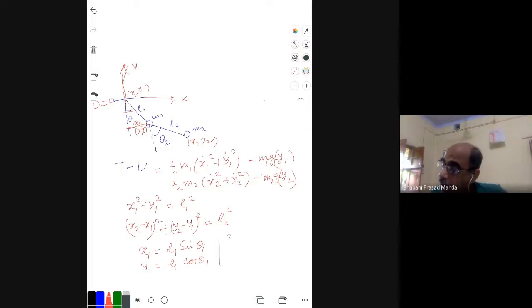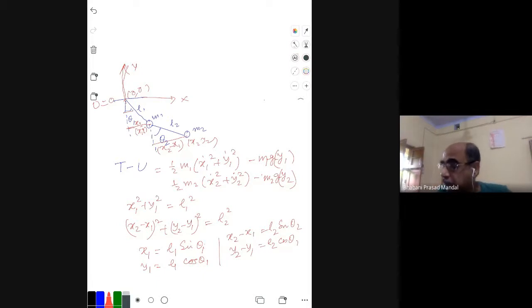And x2 minus x1, if you take this red line, the distance will be x2 minus x1, so it will be L2 times sin theta 2, and y2 minus y1 equals L2 cos theta 2.